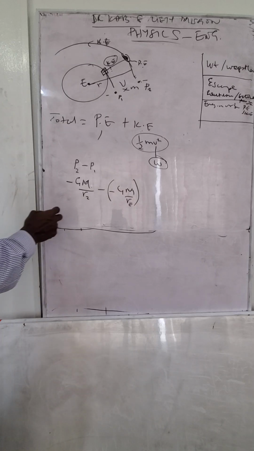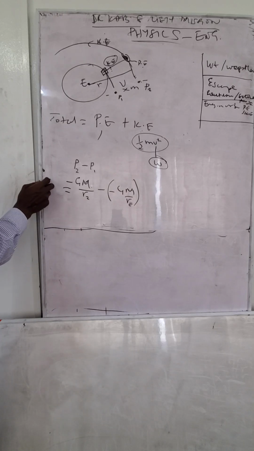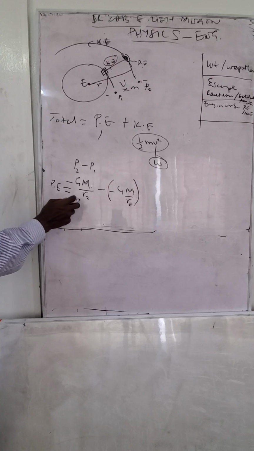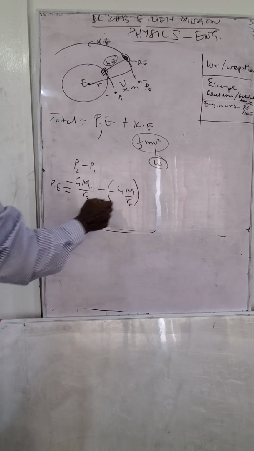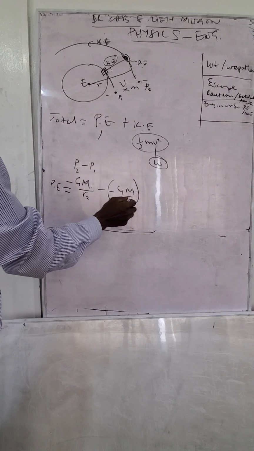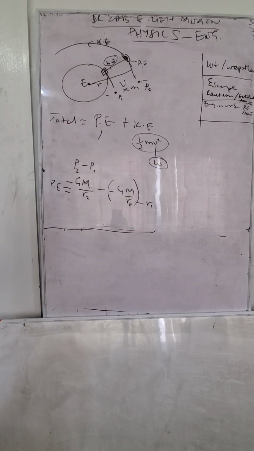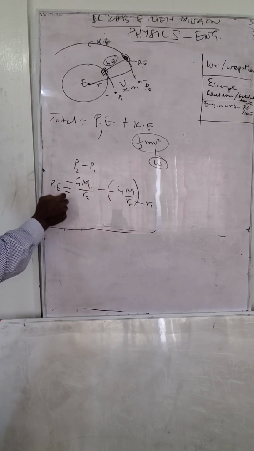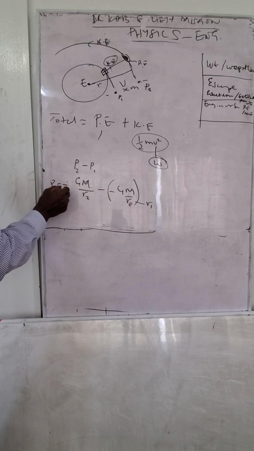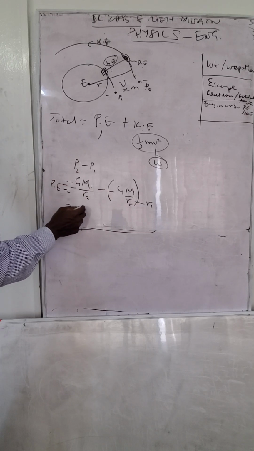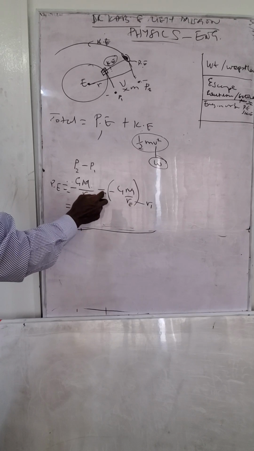So what do you think is going to be the answer? This is the total potential we are looking at. This we can also say R1, where R1 is the radius of the Earth. Let's simply see. Right, so from here we're going to have negative, this is going to be positive.